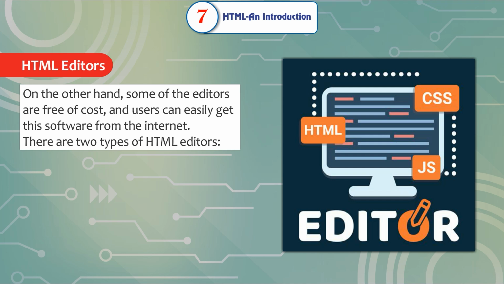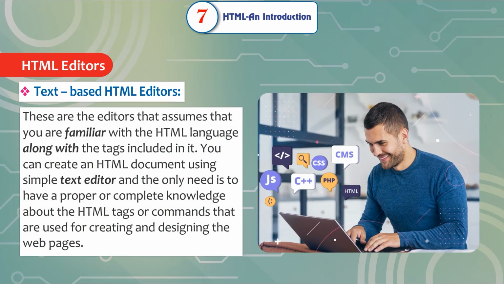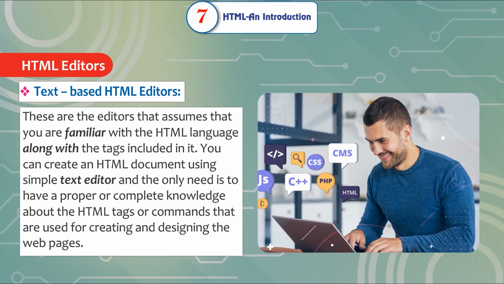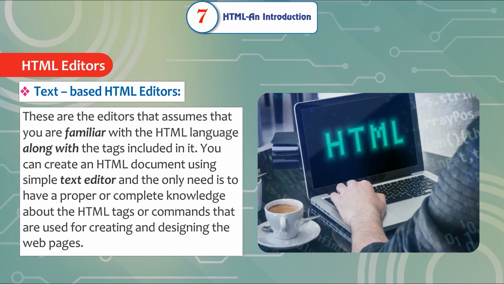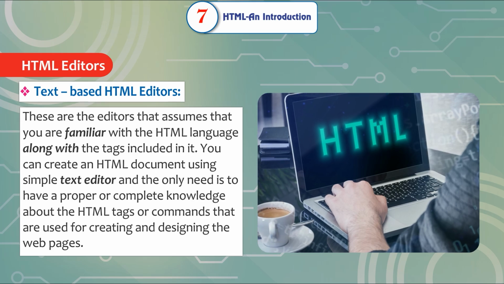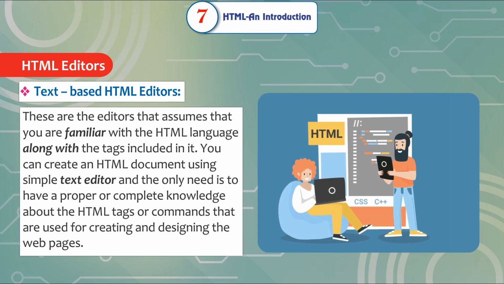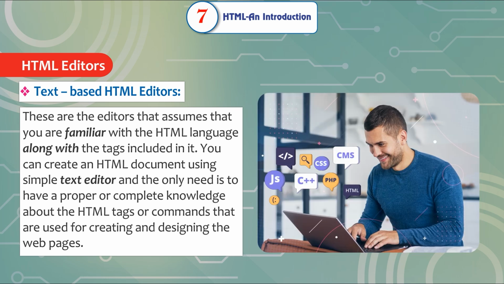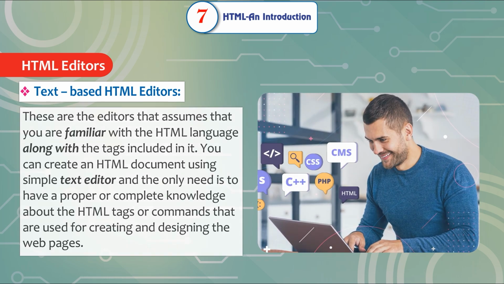There are two types of HTML editors: text-based HTML editors. These are the editors that assume that you are familiar with the HTML language along with the tags included in it. You can create an HTML document using a simple text editor, and the only need is to have a proper or complete knowledge about the HTML tags or commands that are used for creating and designing the web pages.